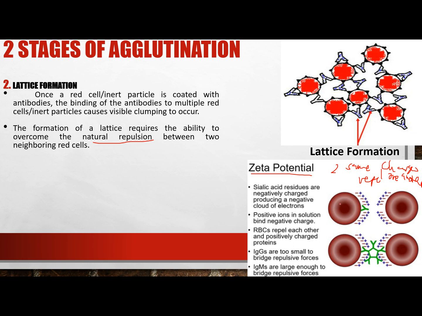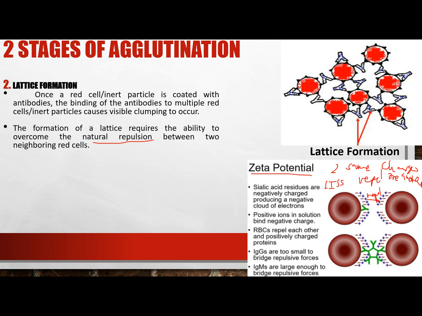This negative cloud of electrons would attract positive ions, and because of this, they would now repel one another. And to remove this repelling action, as mentioned in the previous slide, you could use LISS.